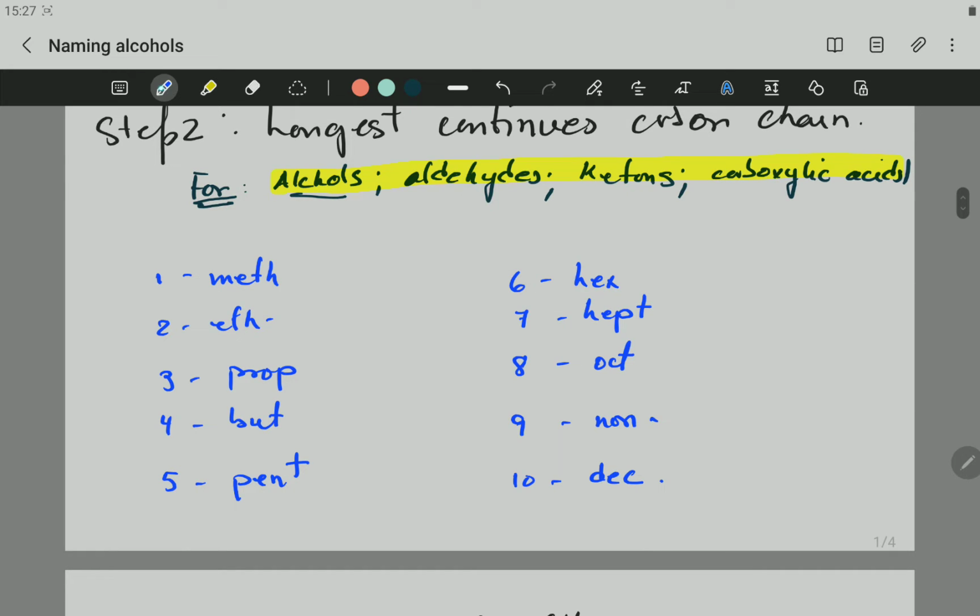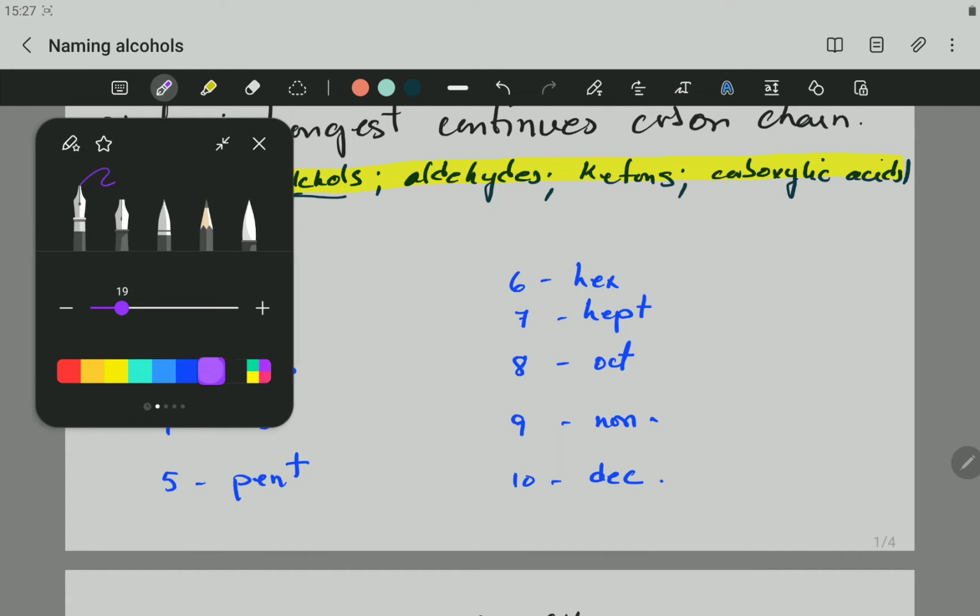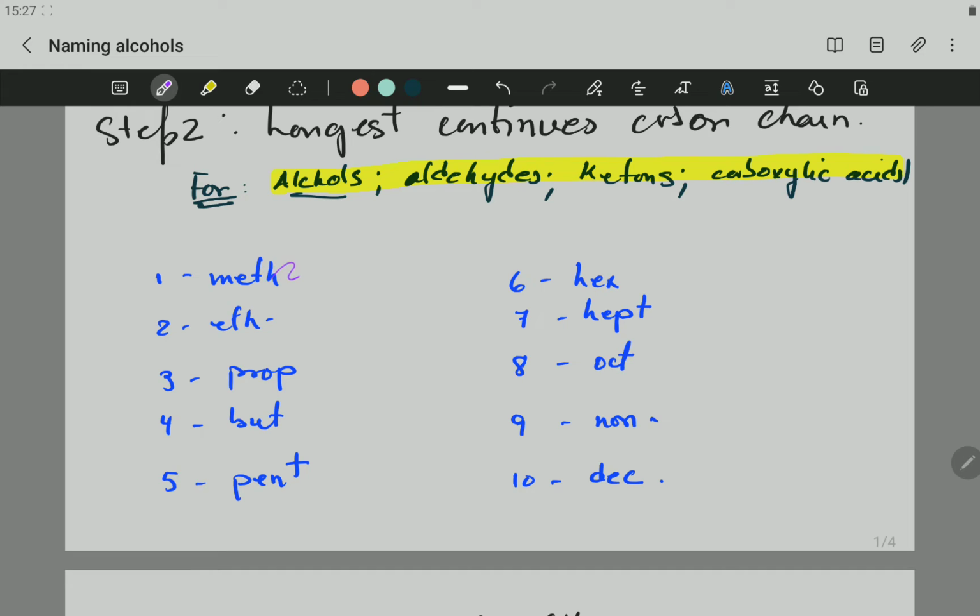We are going to add an "an" at the end. Meth, so we say methane. Eth is ethane. Prop is propane. But is butane. Pent is pentane. Hex is hexane. Hept is heptane. And so on with the "an."